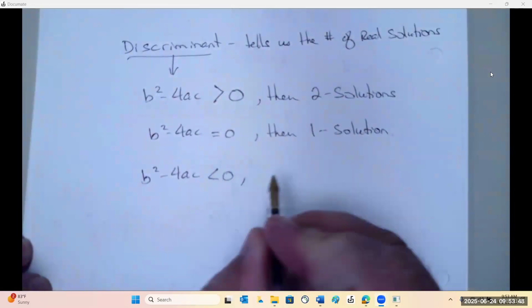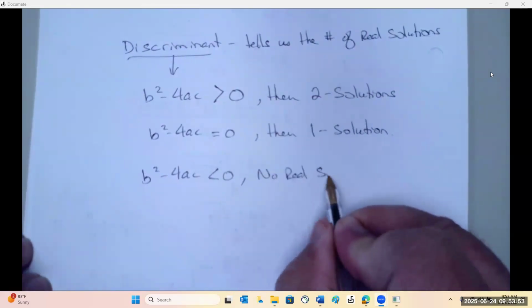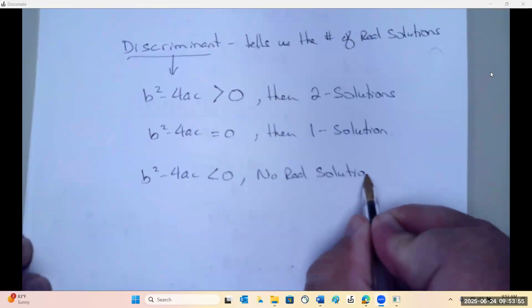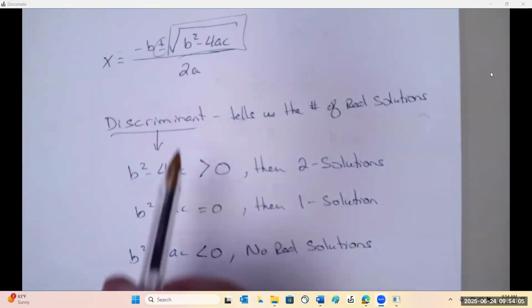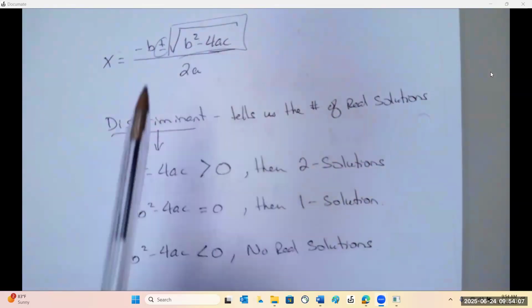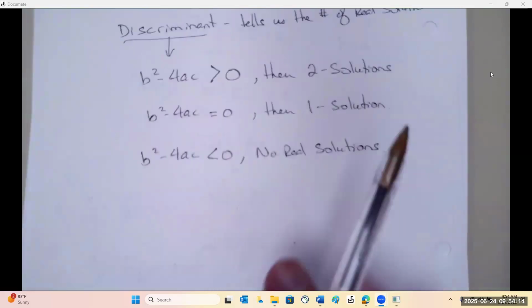And if it's negative, then we'll have no real solutions. Why is it no real solutions? Very good. If it's negative, it becomes imaginary. We talked about that.